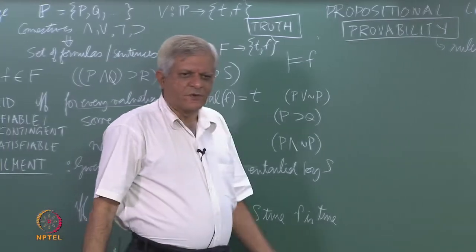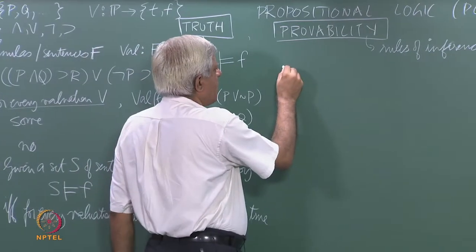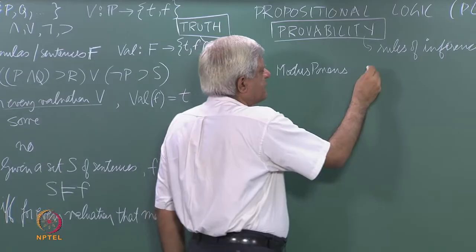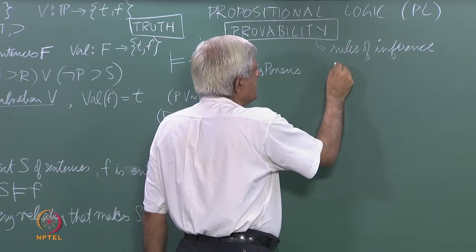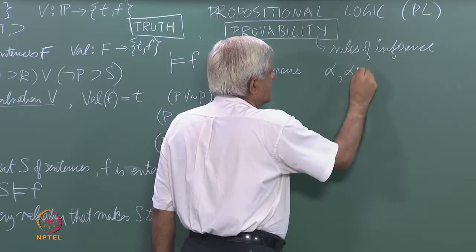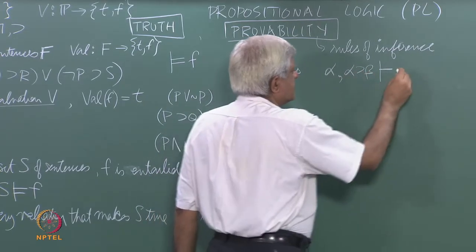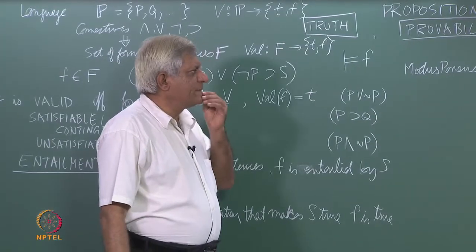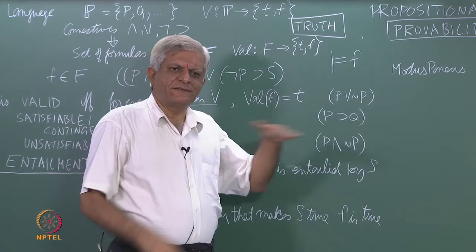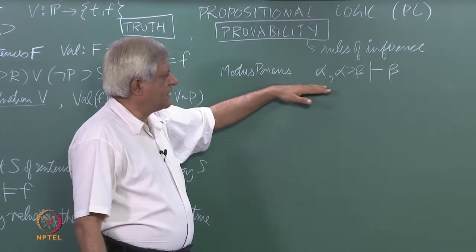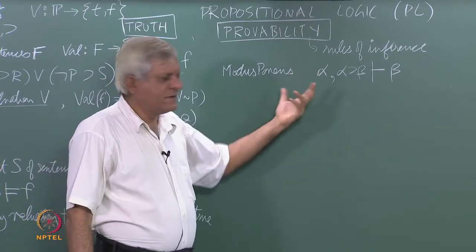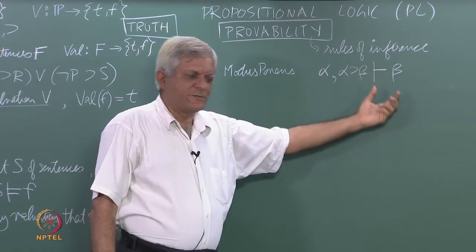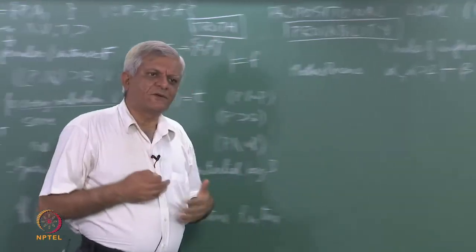For example, the most commonly used rule of inference called modus ponens can be expressed as follows: if you have alpha and if you have alpha implies beta, then this entails beta. Last time we wrote it as 3 separate lines, alpha and then alpha implies beta below and then beta, but this is just another way of writing it. Essentially, you are saying that if you are given alpha and if you are given alpha implies beta, then you can derive beta, or in some sense you can add beta to your set of sentences.